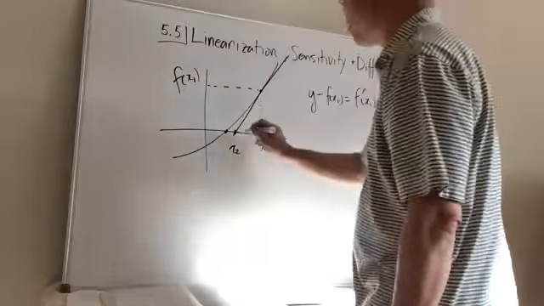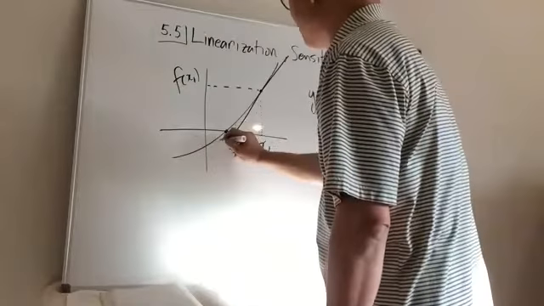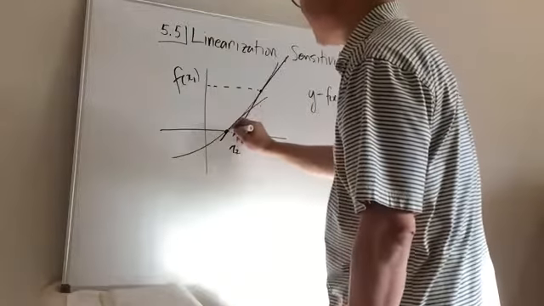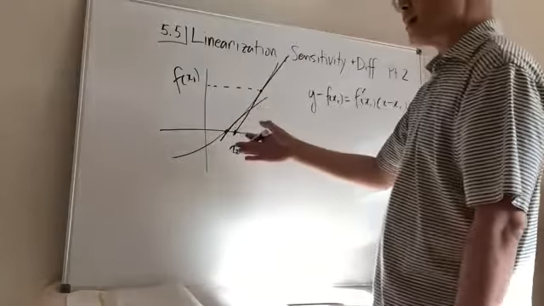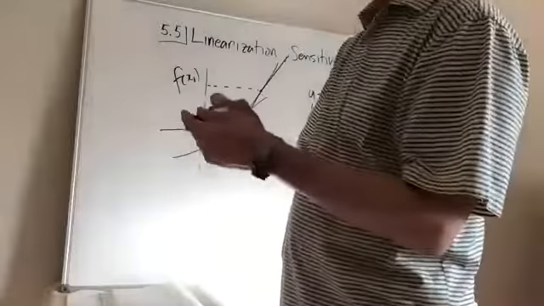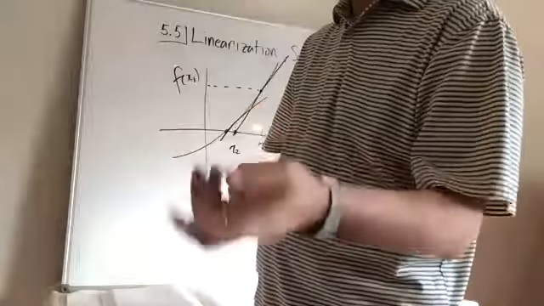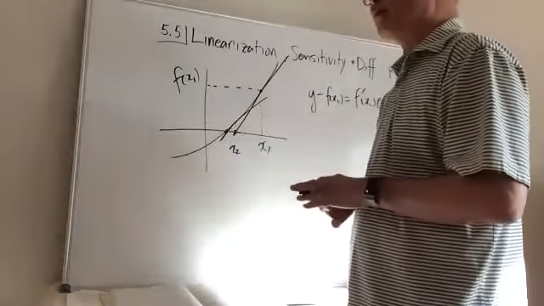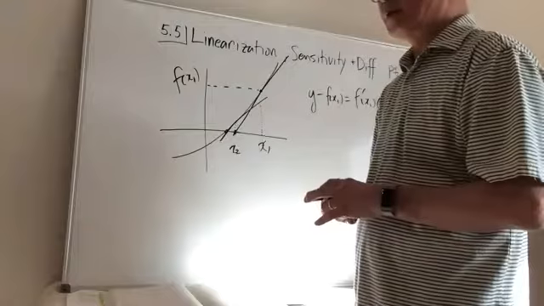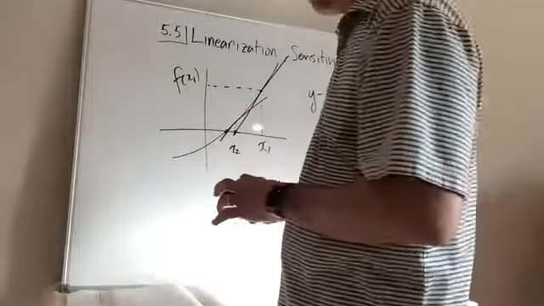If I do that one more time, I get closer and closer. So within 2 to 3 of these guesses, I should be able to find the true root, or something very close to it.